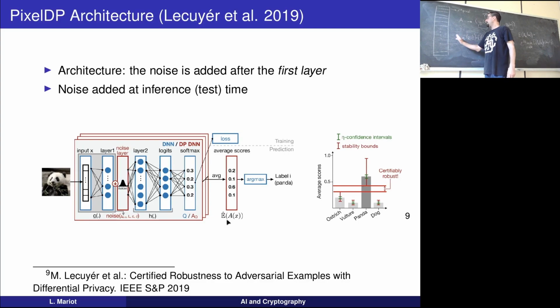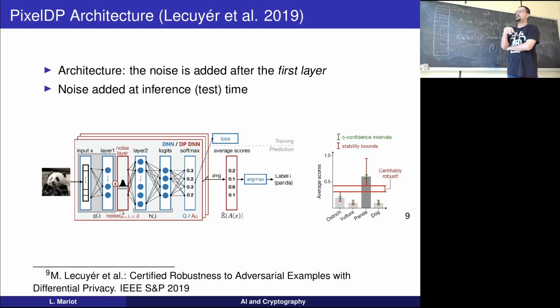But actually, at least this is how it is done in this paper by Lecuyer and others, published in IEEE S&P in 2019, we inject the noise only after the first layer, because they said it is enough. They noticed that you can also insert noise in subsequent layers, but doing that right after the first hidden layer is already enough to get this certified robustness guarantee.